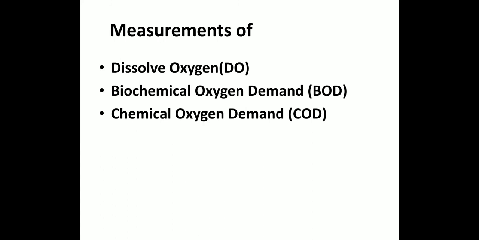So we described all the methods for measurement of dissolved oxygen, DO, then biochemical oxygen demand, BOD, and then we discussed chemical oxygen demand, COD. So this way we have discussed all.